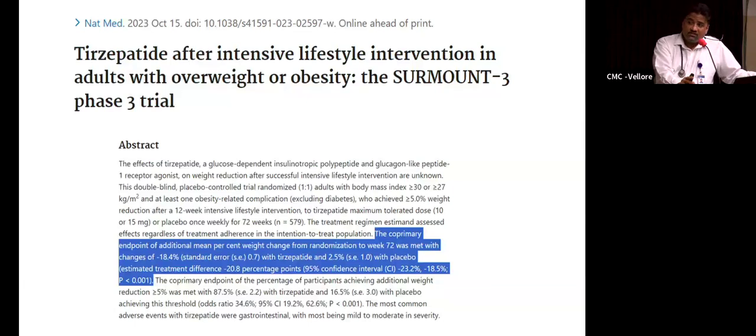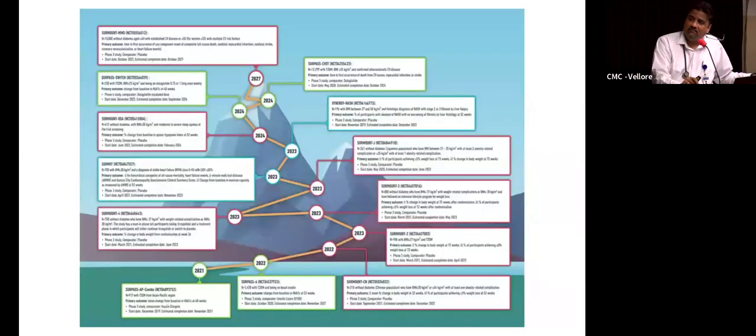But after having lost that weight, it becomes very difficult to lose more weight. And that's when you really think of a drug in people with morbid obesity. In the SURMOUNT-3 trial, they used tirzepatide after lifestyle intervention. Again, the quantum of weight loss is phenomenal, to the scale of 21%. So yes, this drug is another drug that will be available soon.